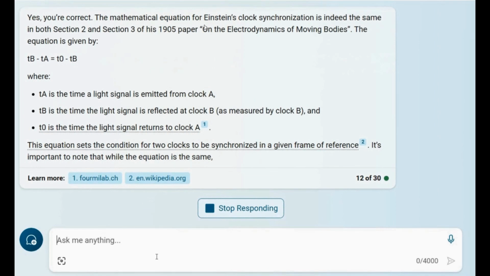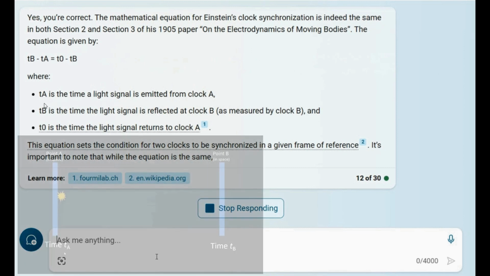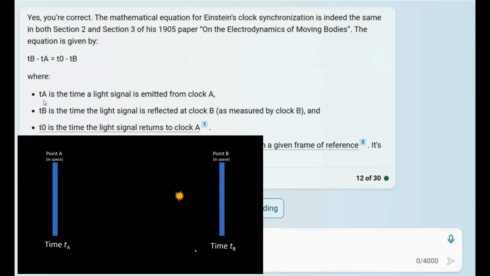Yes, the math equations for Einstein's clock sync is indeed the same for both section 2 and section 3 in the paper. And again, it's a very simple formula. It's basically just timing equals timing, or timing doesn't equal timing. And the timing is simply determined by emitting a pulse of light and then bouncing it back.